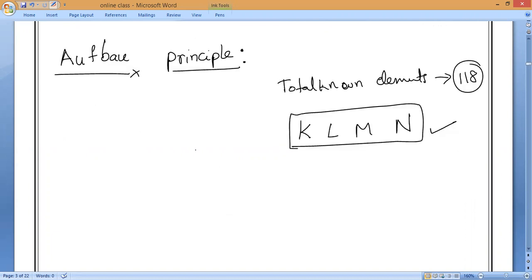So first, what do you mean by the Aufbau principle? Anyone having doubts, you can ask me.